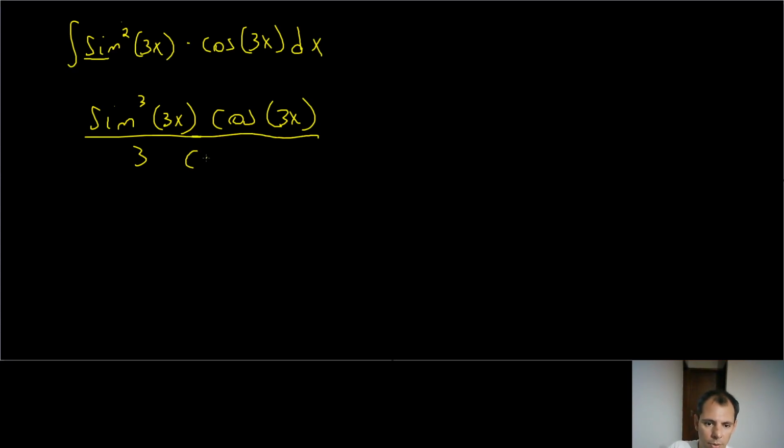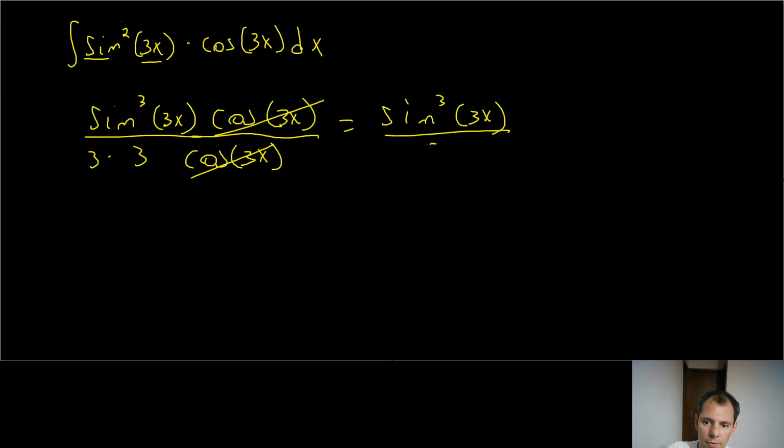Now I got to divide by the derivative of the innermost function, which is 3. So dividing by 3, this one's going to cut with this one, and I'm left with sine cubed of 3x divided by 9 plus c.